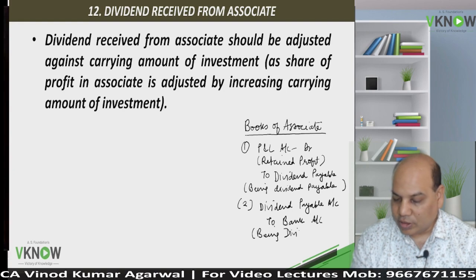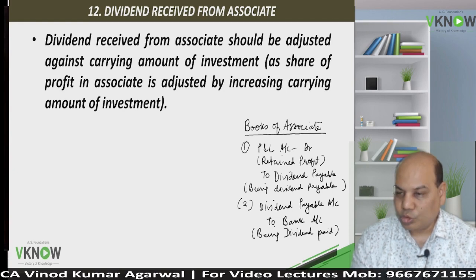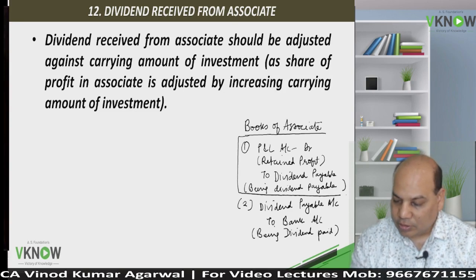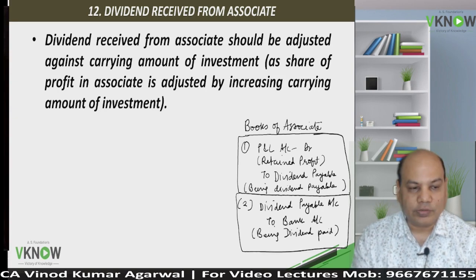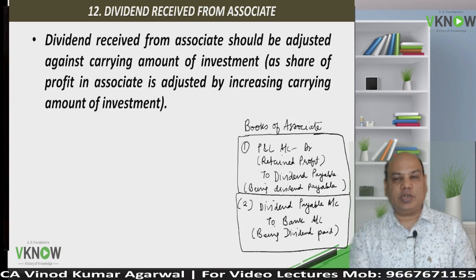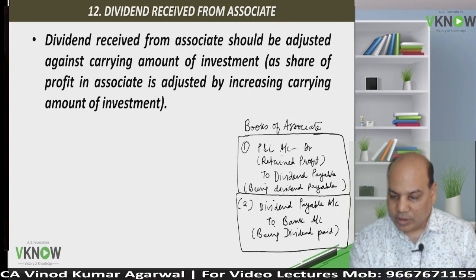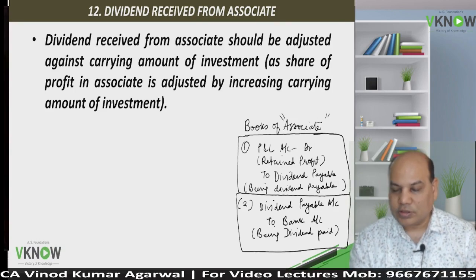These are the two entries to be passed. One is for creating a liability when dividend is declared, and second is entry for payment when dividend is paid. Where are you passing these entries?